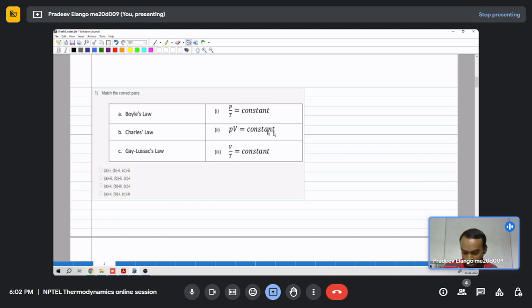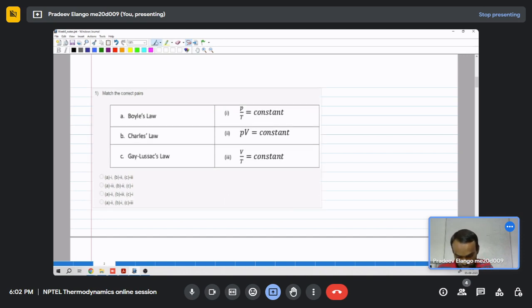match the correct pairs. So here, can someone in the audience tell what is the right answer here? You can either put in the chat box or you can unmute and answer.